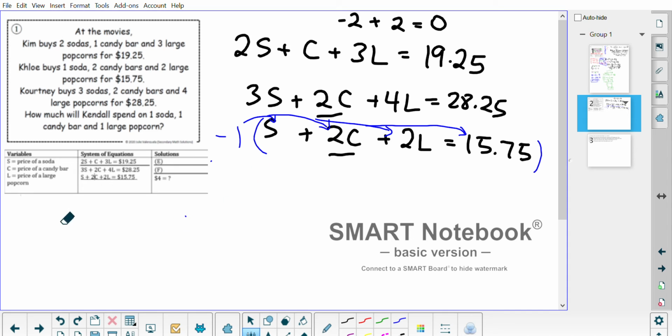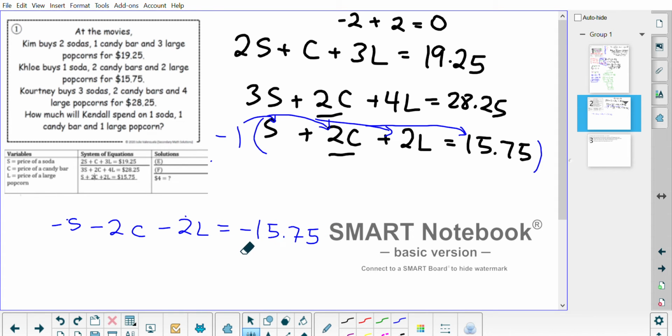So instead of a positive s, I'm going to write a negative s. Instead of a positive 2c, I'll write a negative 2c. Instead of a positive 2l, it's a negative 2l. And instead of a positive 15.75, I'll write a negative 15.75.